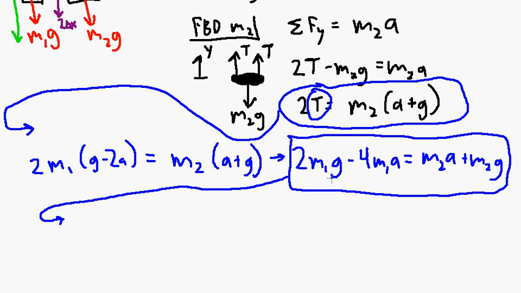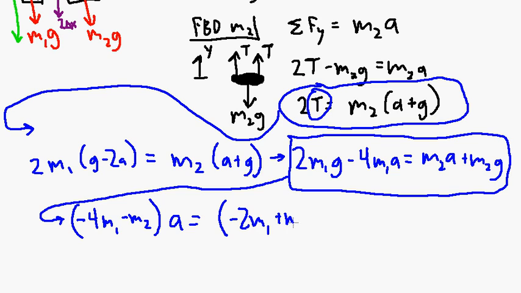Now let's bring all the A's over, so negative 4M1 minus M2 times A equals negative 2M1 plus M2 times G. Is that right? So this goes over, this comes over, it's all good.